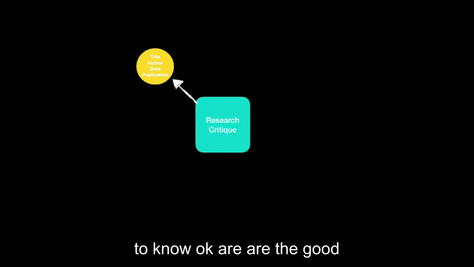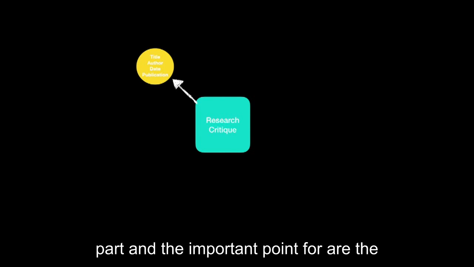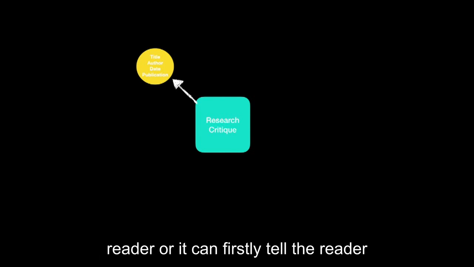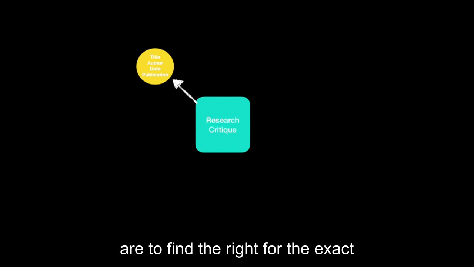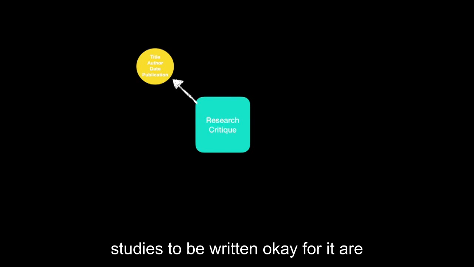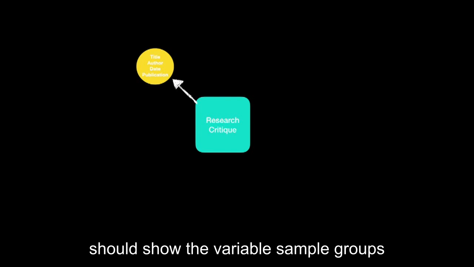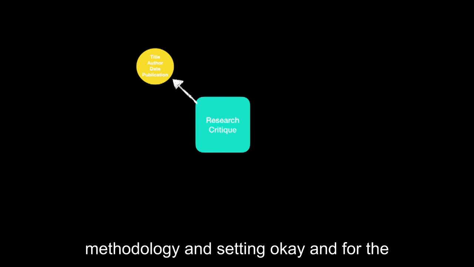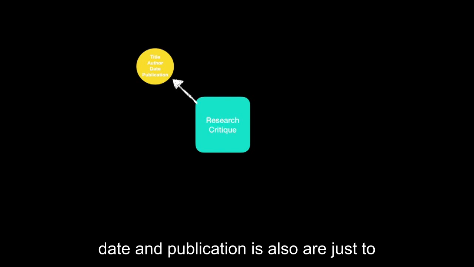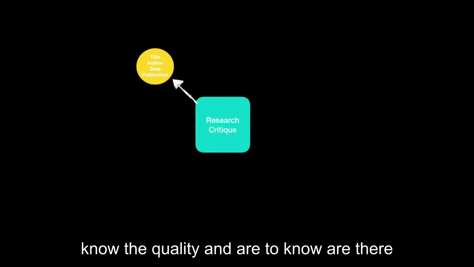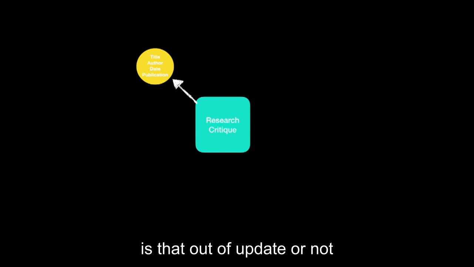It is an important point for the reader, and it can help the reader find the exact studies to be read. It should show the variables, sample groups, methodology, and setting. The date and publication are also to know the quality and whether it is out of date or not.